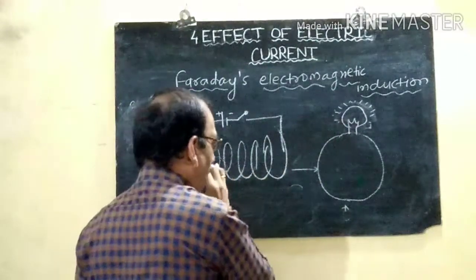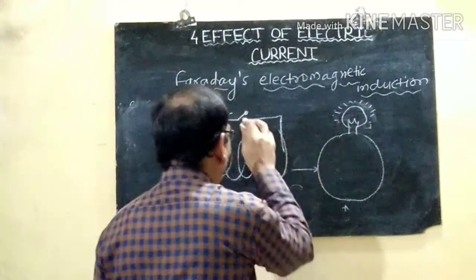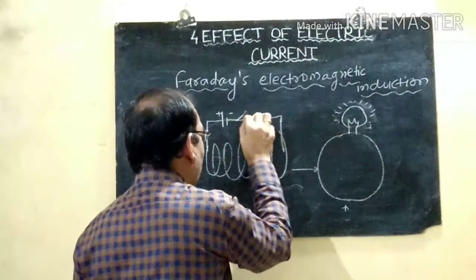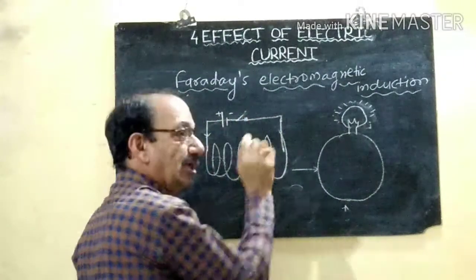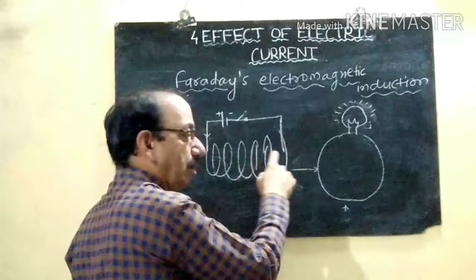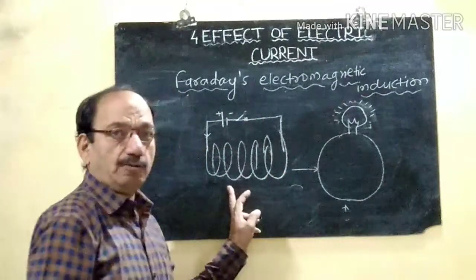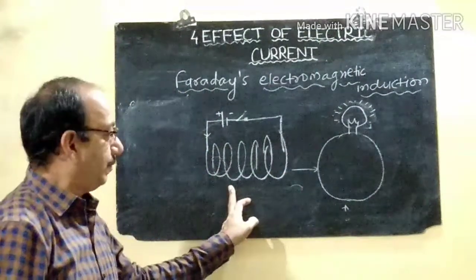Because the current is passing through this solenoid coil, it works as an electromagnet.